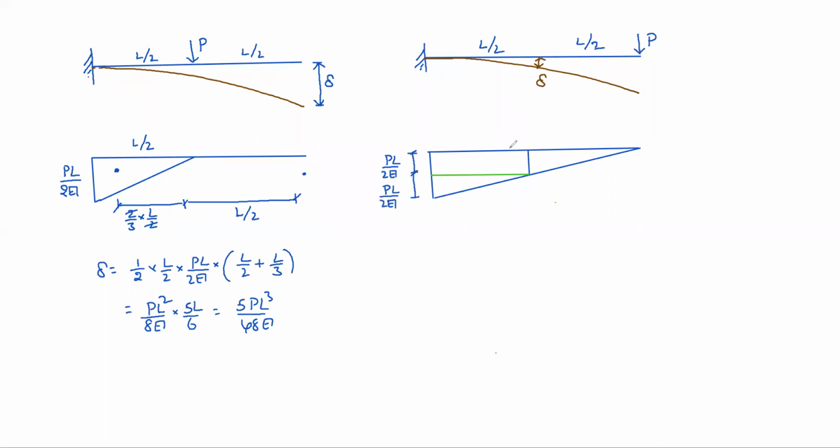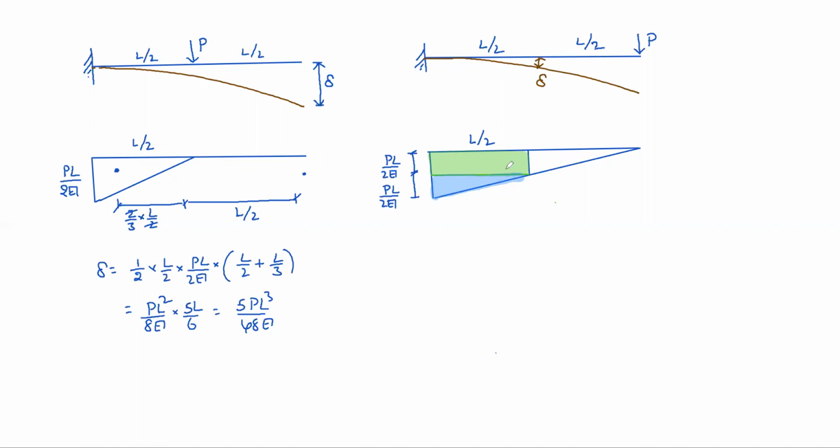Total is PL by EI. Okay, this is L by 2, and the area covered should be like this. This is the area. This is one region, and the other region is another region.